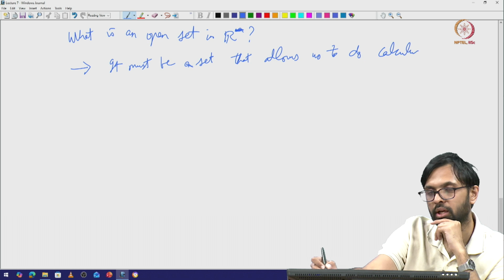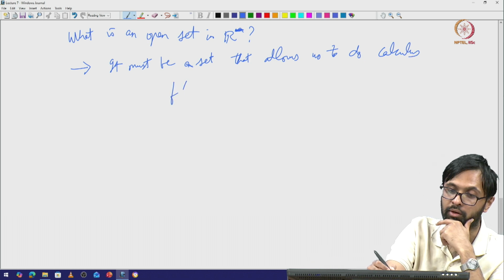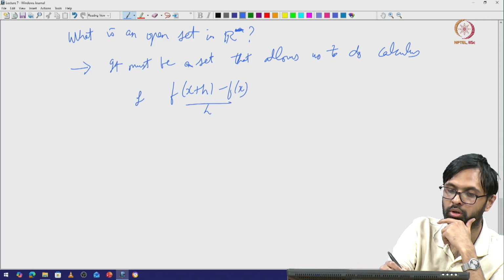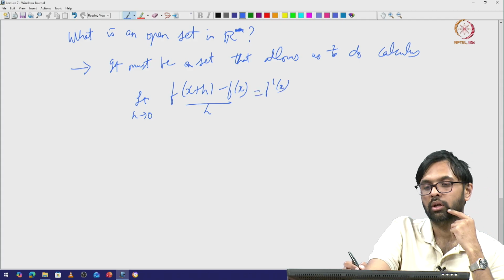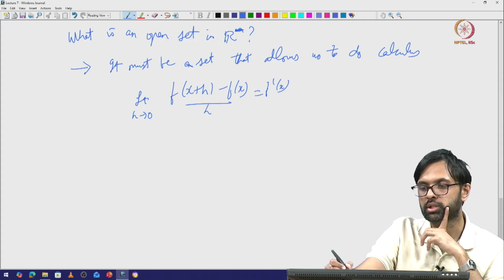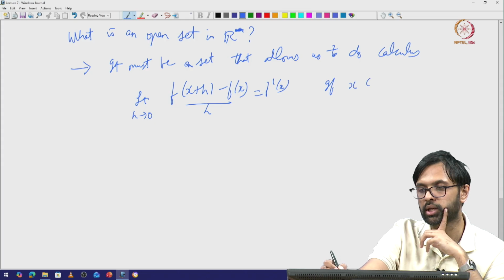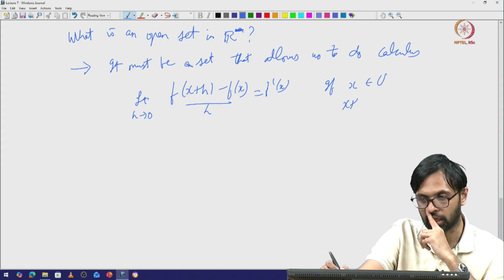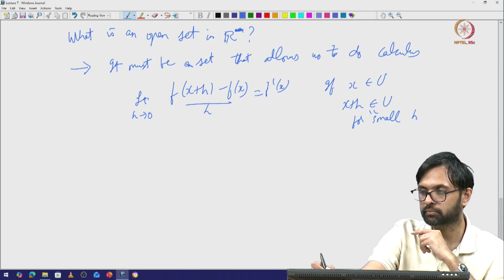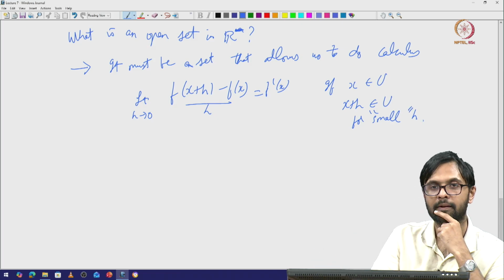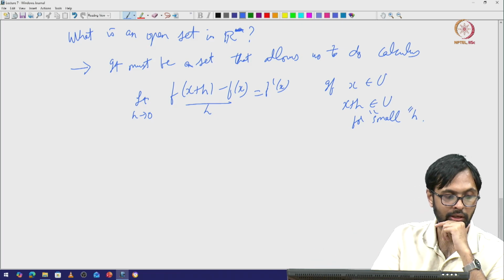For example, if you want to talk about the derivative of a one variable function, you'll take this. So in other words, if x is in the set, x plus h must also be in the set for all small enough h, in quotes. That's an important property that it must have.